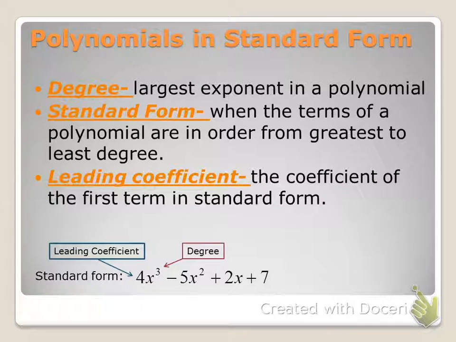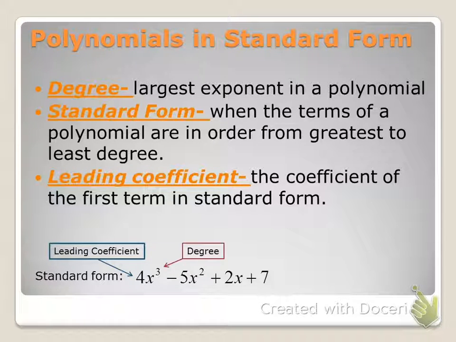Whatever number is attached to that variable will be the first thing you see. That number is called the leading coefficient. It leads in the polynomial. And it's a coefficient.